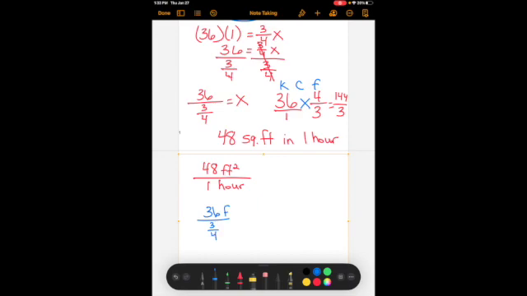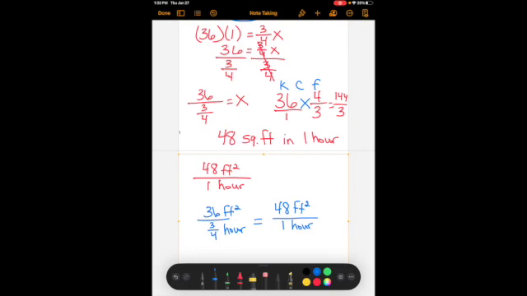Now I'm going to go back to my original question, and I'm going to rewrite my original proportions so we can look at those again. 36 feet squared for every 3/4 of an hour comes out to 48 feet squared per 1 hour.